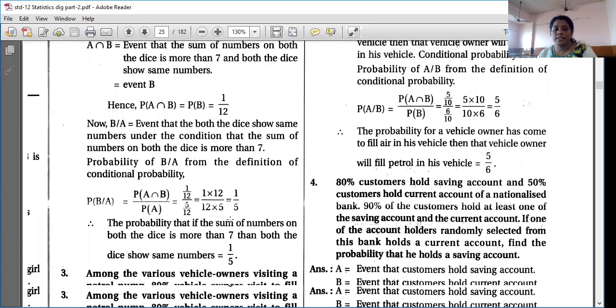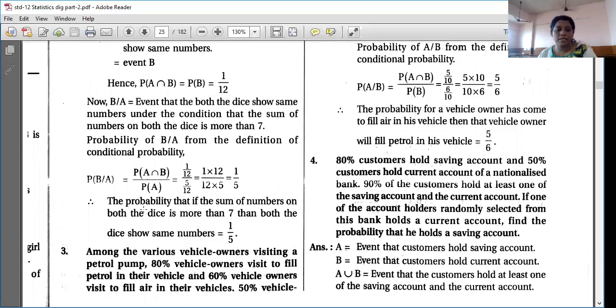So your answer is, therefore, the probability that if the sum of the numbers on both the dice is more than 7, then both the dice shows the same numbers. That is 1 by 5. Okay. Now this is your second sum. Now we'll see the third sum.